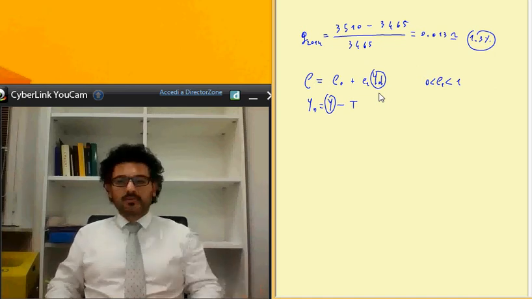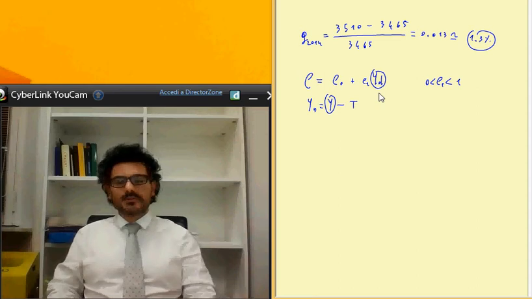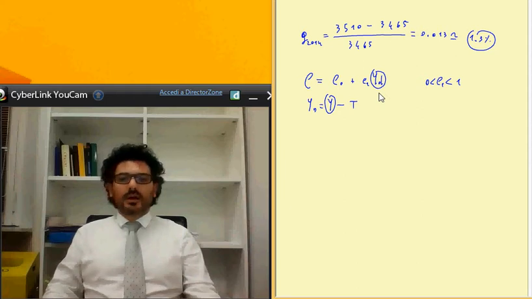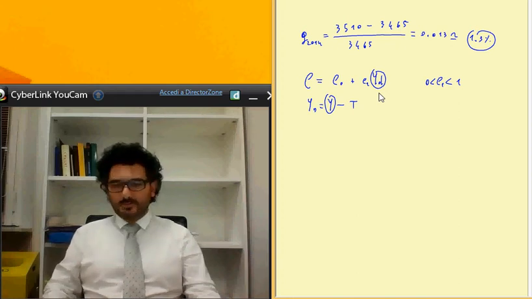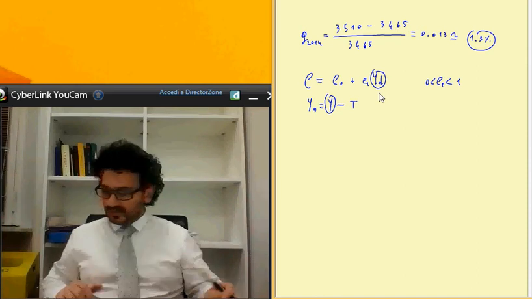So C1 is called propensity to consume, and C0 is the part of consumption which does not depend on current disposable income YD, but depends on future expectation or the level of minimum consumption independently from the income.